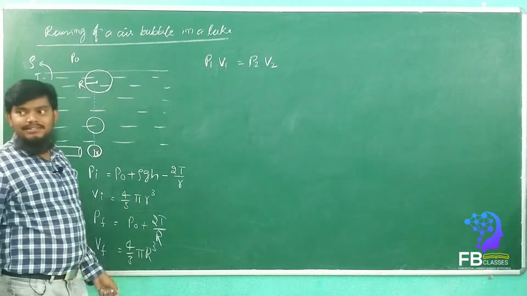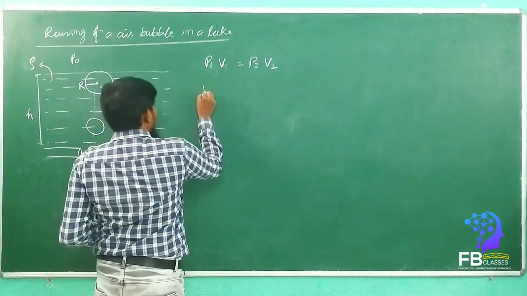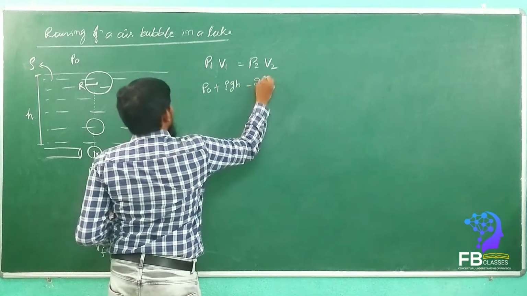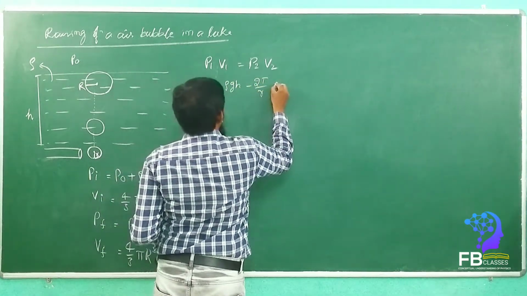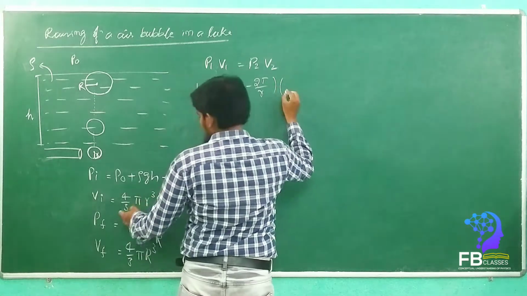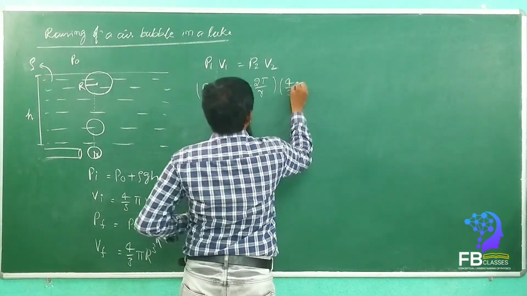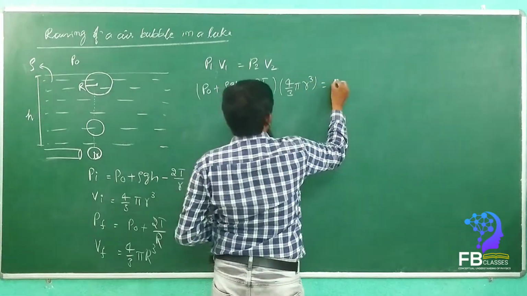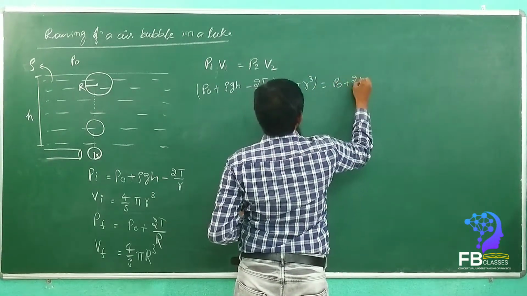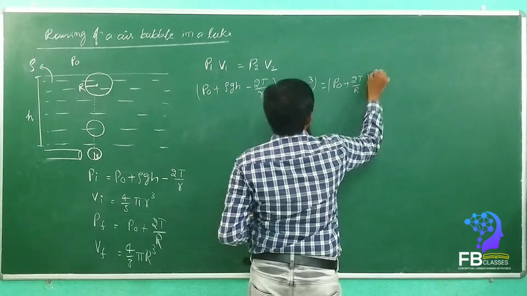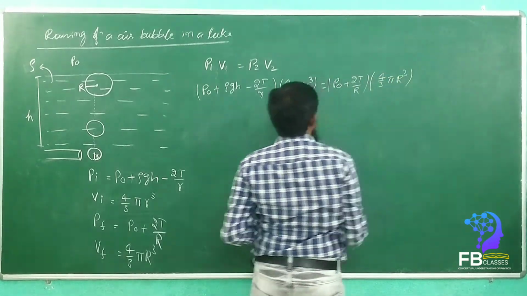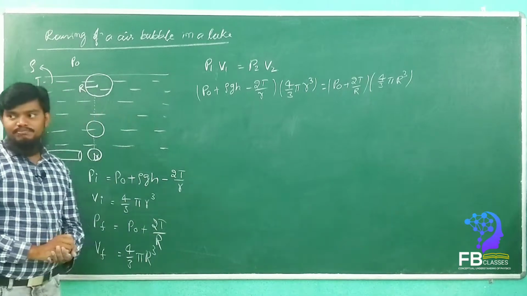Now we can balance it. See here, P naught plus rho g h minus 2T by small r, into volume 4 by 3 pi small r cube, is equal to P naught plus 2T by capital R, into 4 by 3 pi capital R cube. So this is the equation.